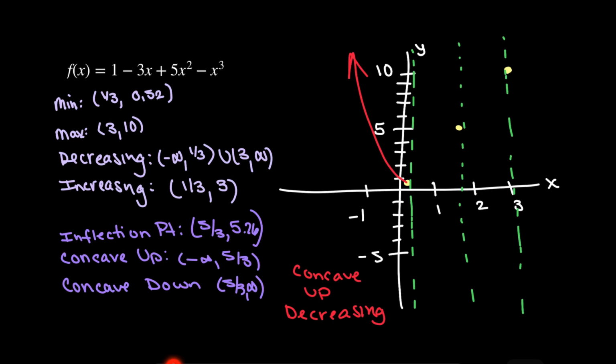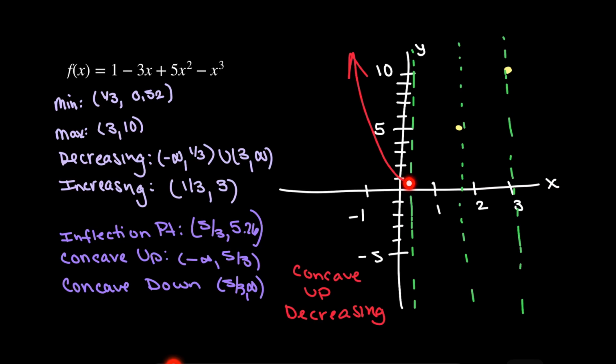So when x is less than 1/3, from -infinity to 1/3, the function is decreasing and concave up. So I have drawn something on the left side of the graph, that is decreasing, going down, but has that upward curvature.